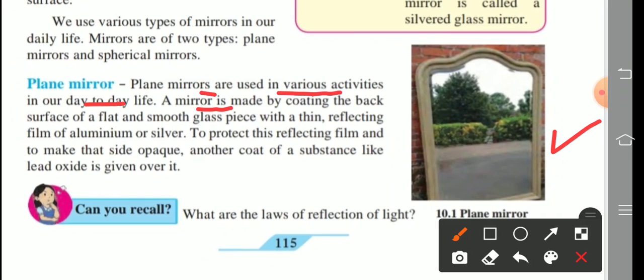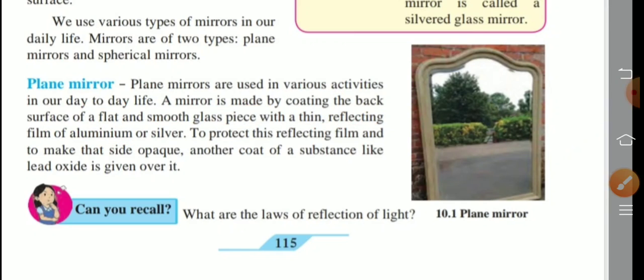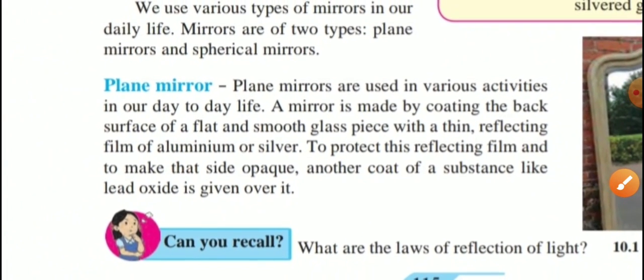A mirror is made by coating the back surface of a flat and smooth glass piece with a thin reflecting film of aluminium or silver. Check here what is the explanation given.